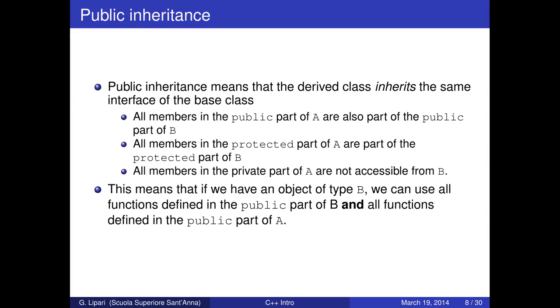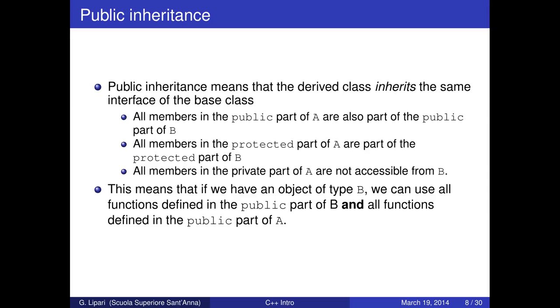So all the members in the public part of A become part of the public part of B. And all members in the protected part of A become part of the protected part of B. And finally, all members in the private part of A will not be accessible from B.